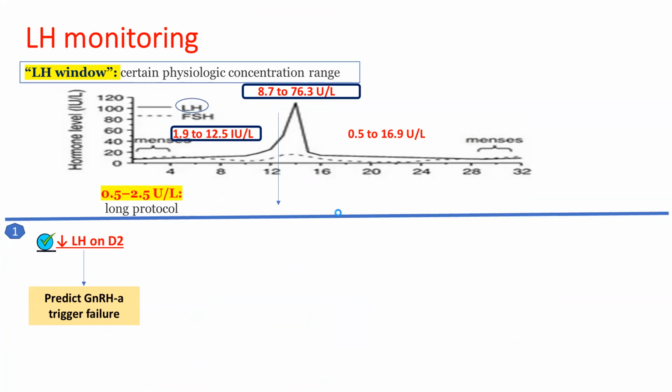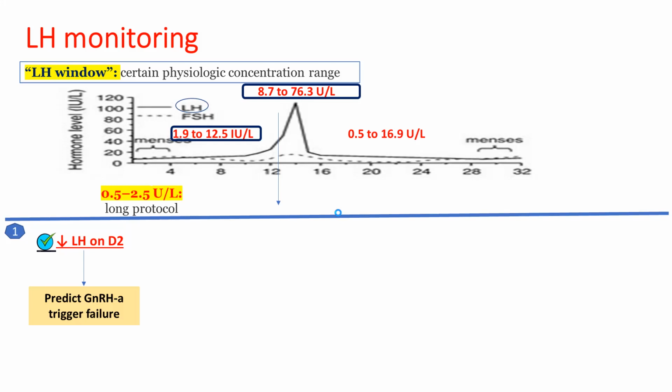In addition, if it is very low, this means that we have to add LH to FSH for induction of ovulation. And if it is very low, it can also predict GnRH agonist triggering failure in long protocol. It should be 0.5 to 2.5 units per liter. If it is less than this, this may predict failure of the triggering of this protocol.